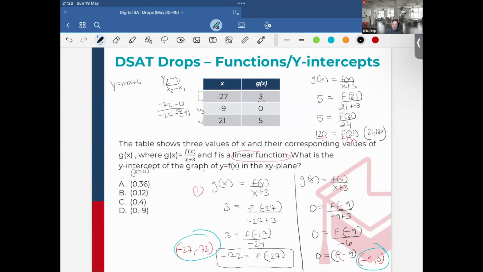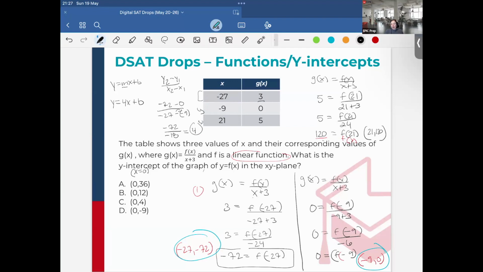Careful, because this becomes positive here. So basically I have -72 over -27 plus 9, which is -18. And -72 divided by -18 is +4. So I know that's the m value. So I have y equals 4x plus b.